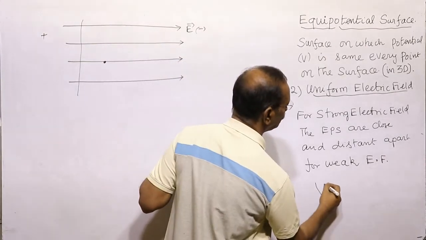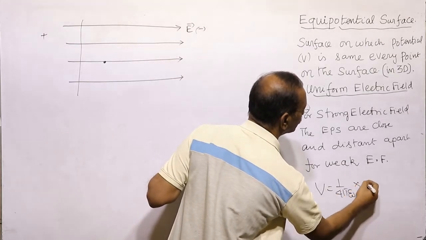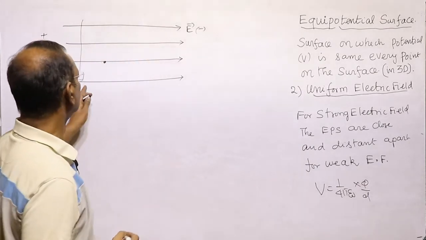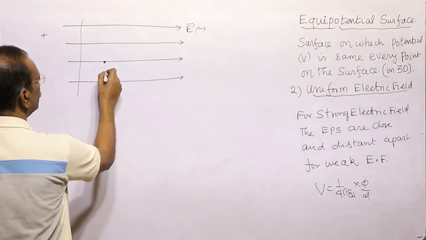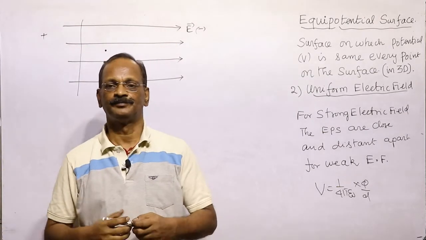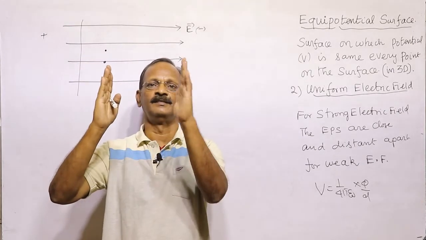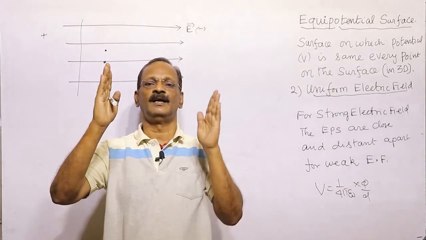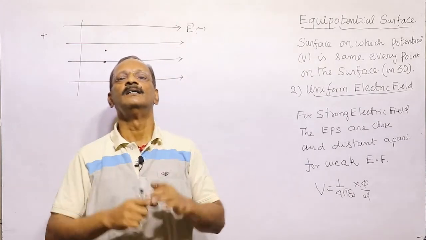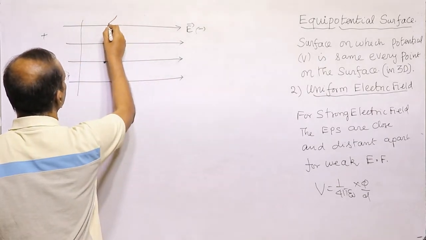Potential is equal to 1 by 4 pi epsilon naught into charge by distance. So from this point the potential is the same at this point also, and at this point also, so it will form an equally spaced plane, a phase like this.